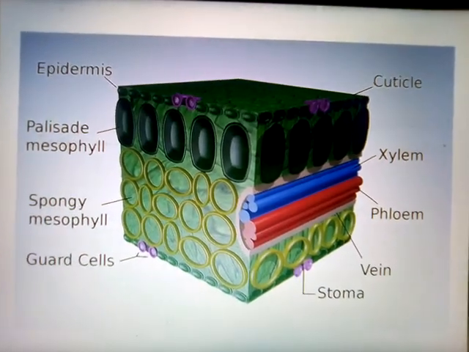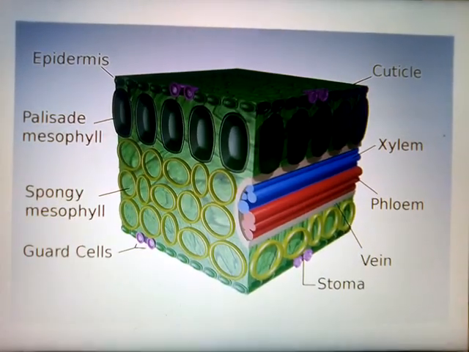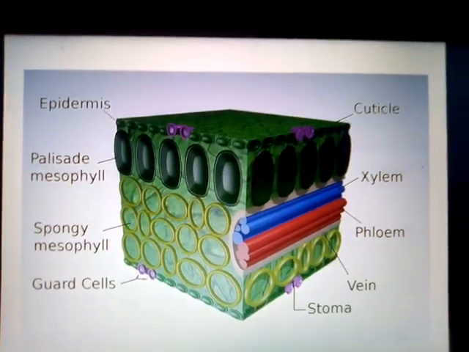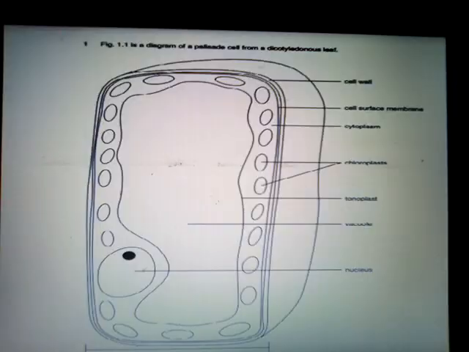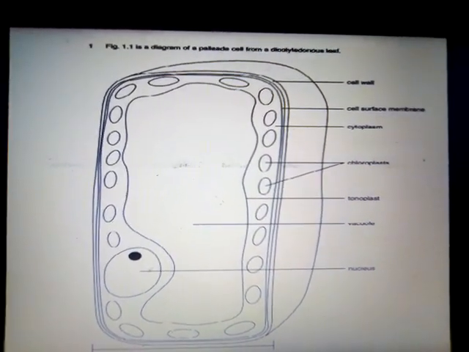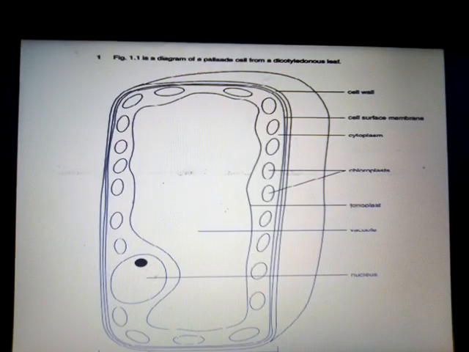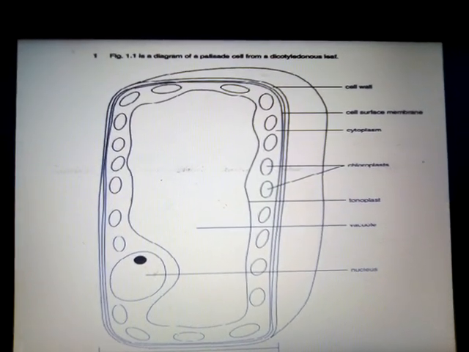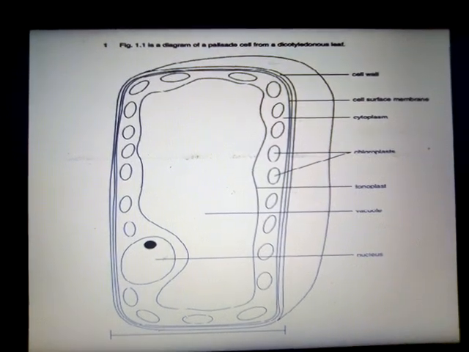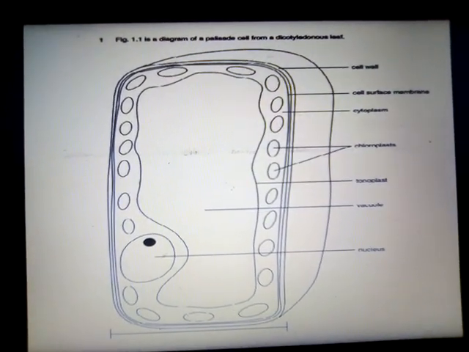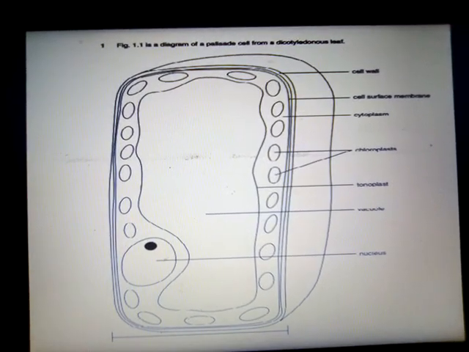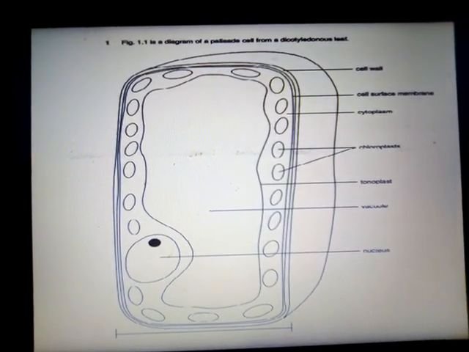A model is a true representative of anything. This is a diagram of a palisade cell from a dicotyledonous leaf. Also draw this into your notebooks.